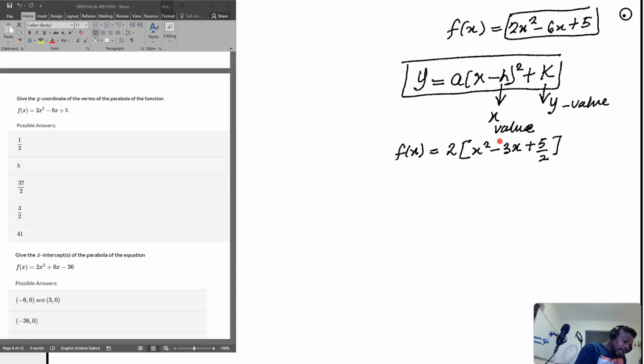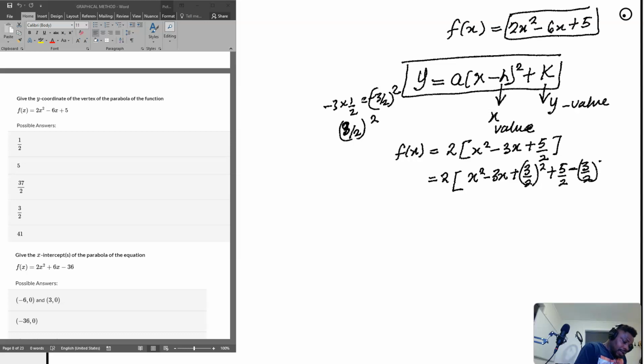Then we take minus 3 times half, that is minus 3 over 2, and we square it. That is 3 over 2 squared, because minus squared is plus. So this is 2 bracket x squared minus 3x plus 3 over 2 squared, plus 5 over 2, and we put minus 3 over 2 squared.